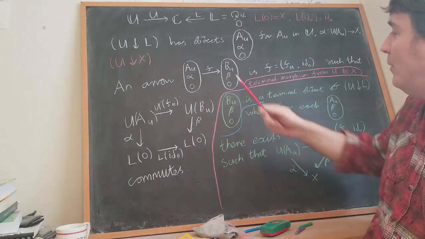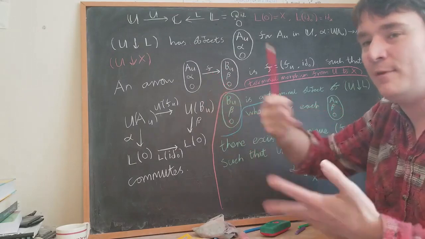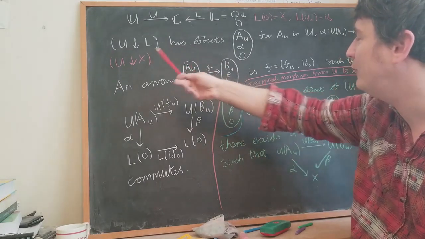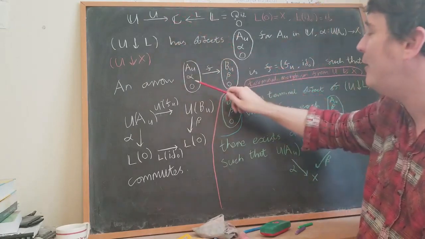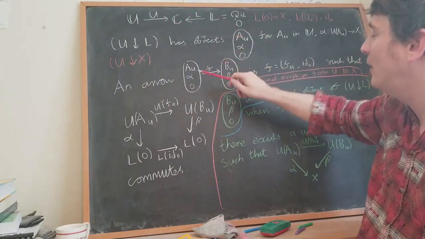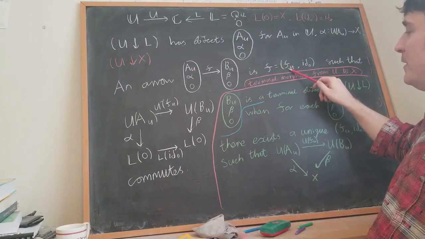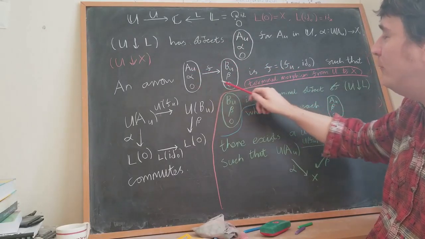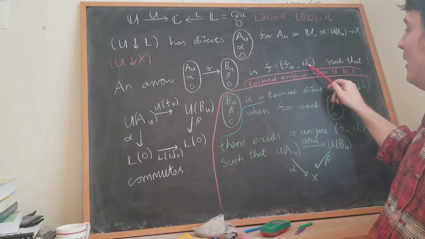Well, what do we know about that f? There has to be a pair, right? Remember the definition of the arrows in the comma category, they're pairs: an arrow from here to here in U, and an arrow from here to here in L. Well, an arrow from A to B in U, we can just write that as f_U. And there's only one arrow from 0 to 0 in L, and that's the identity arrow of 0.